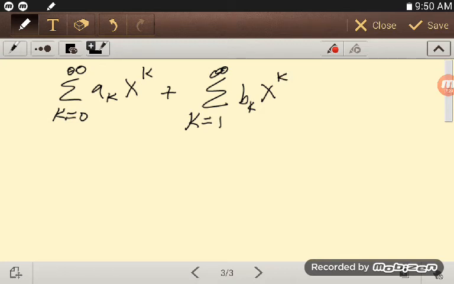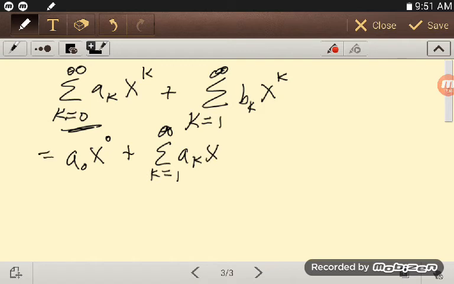Just write that first term of this one separately, so you have a0 x to the 0, or 1, then plus the sum k equals 1 to infinity of a sub k x to the k, and then plus the sum k equals 1 to infinity of b sub k x to the k.